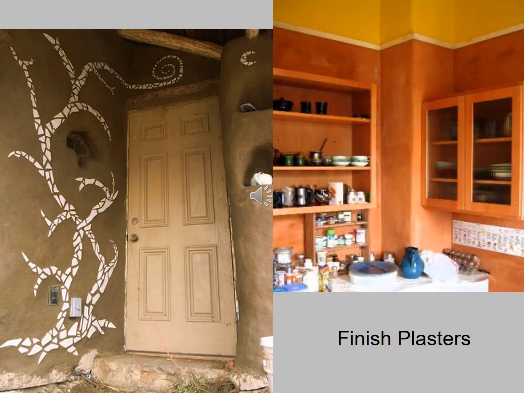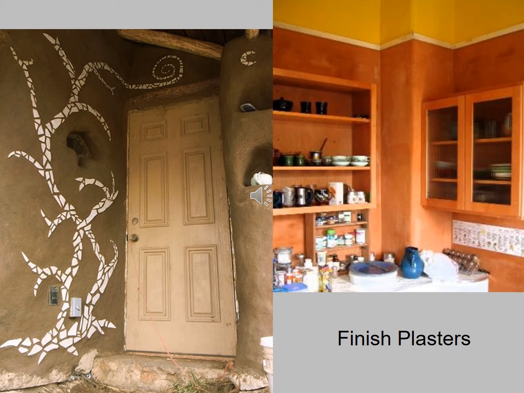The finished plasters are the second or third coat on top of that rough plaster. As the plaster gets closer to the finished texture, there's less fiber, or the fiber's chopped up into finer bits, and there's less aggregate. So you're having pretty much a mortar, sand and clay at the end.